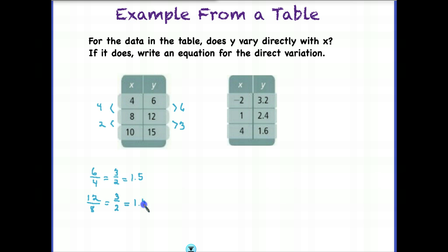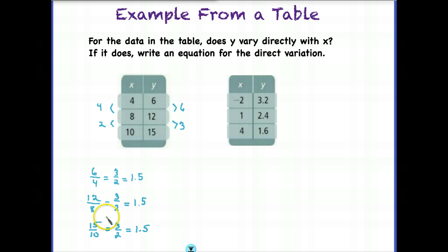So right now I have a good suspicion that I have a constant ratio from point to point. We can try the last point. 10 over 15 reduces to, oops, now see I'm backwards. Be very careful about that. You have to do y over x and be consistent about that. It's always rise over run. So 15 over 10 gives us 3/2, which is the same, 1.5.